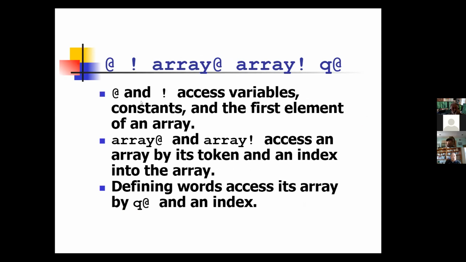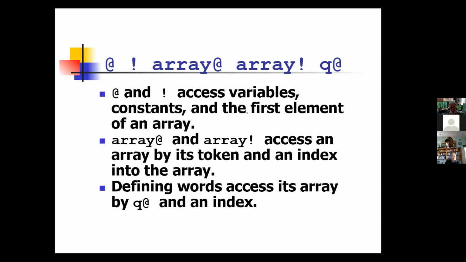So fetch and store. Now, fetch and store work on variables, constants, and the first element of an array. For variables, it gives you back the token of this array, and from this token, you can fetch or store. But constant just gives you the constant, so you have no way to access it.